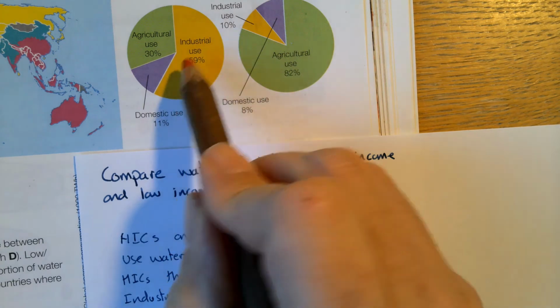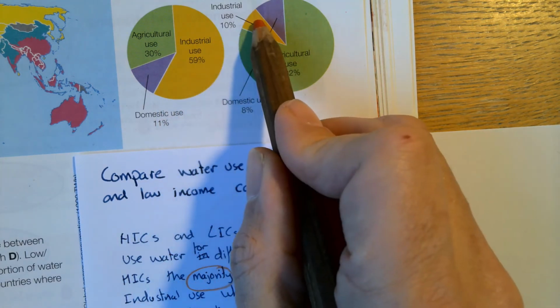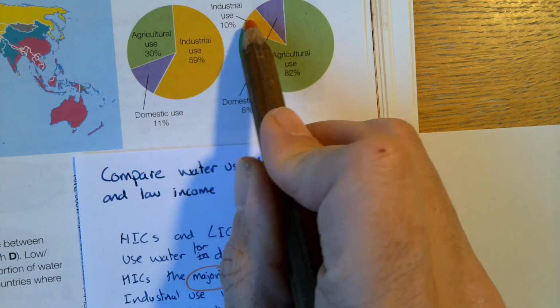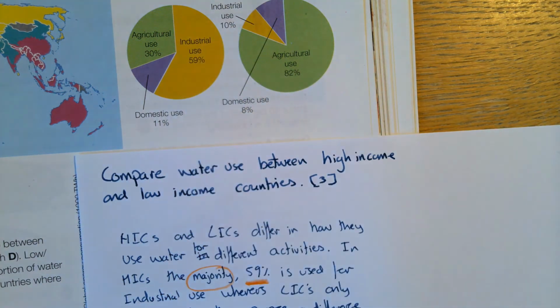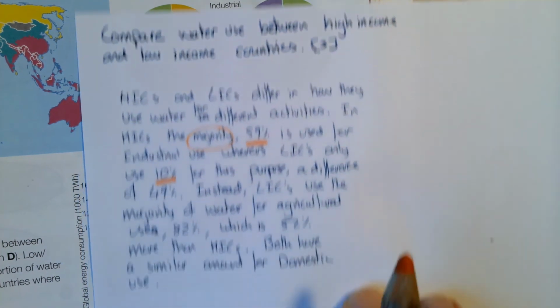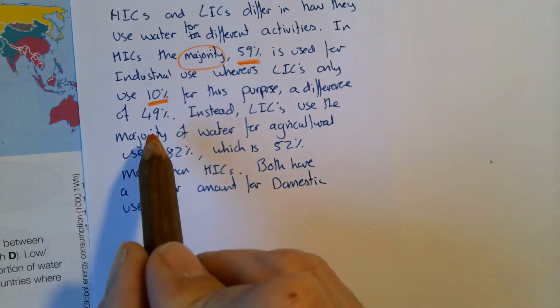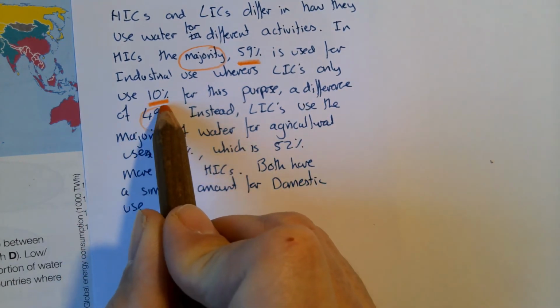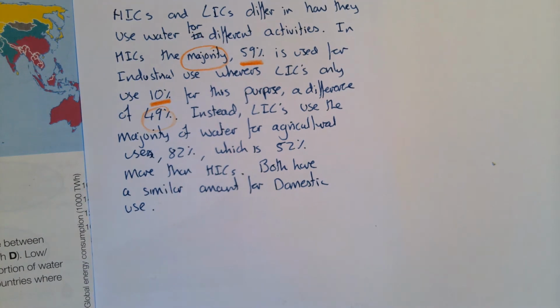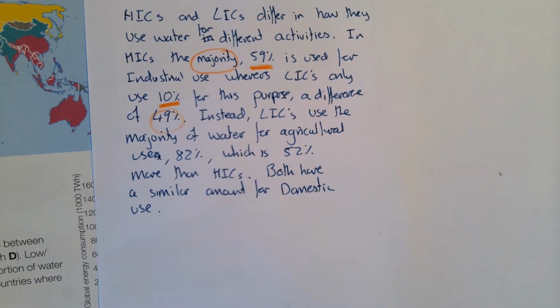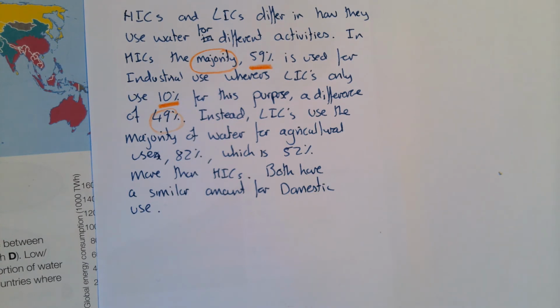So I've directly compared the yellow segments on both the pie charts, and I think that's a logical step to make to show that there is a difference here. And I've then calculated the fact that that is a difference of 49%. Not strictly necessary, but it is nice to do to show that you're manipulating the numbers, just kind of for your own professionalism.